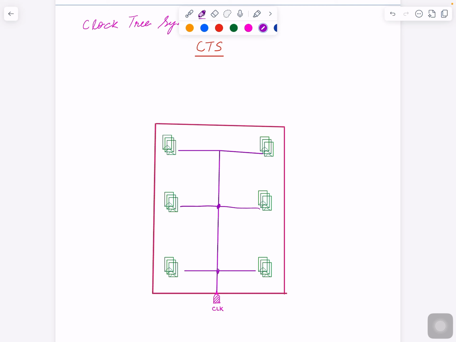Simple, just wiring, right? Just bring a metal here, maybe top metal, and then distribute it. What's the problem with that? Now, if this area is big enough, you can see the problem. Your clock arrives here, something like this.